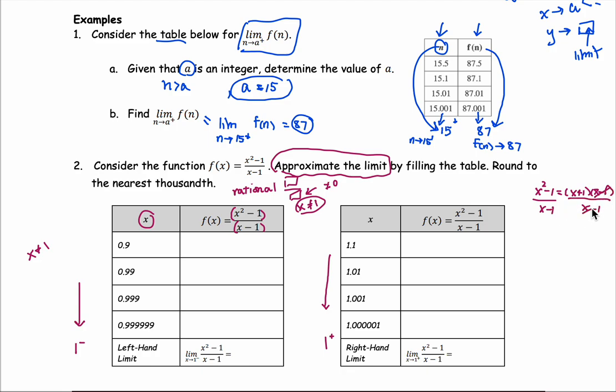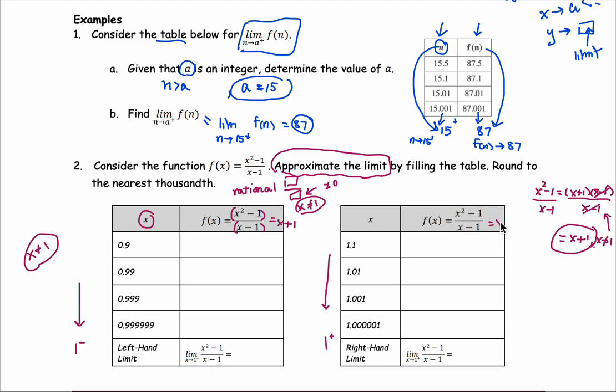We can see that these factors are reduced. Therefore, this expression simplifies to x plus 1, but we have to make a note that x cannot be 1 in order to use this simplified form, because the bottom cannot be 0. Therefore, whatever expression we have here, we can use the simplified form as long as x is not 1.